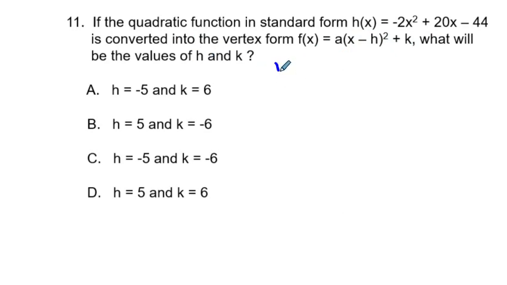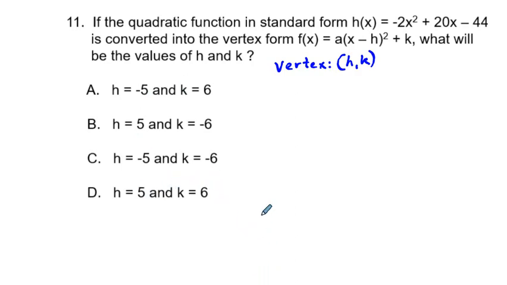The main thing that would help you to understand this is that the vertex of a parabola is the coordinate pair (h, k). So if we find the vertex of this, that will tell us directly what h and k are.